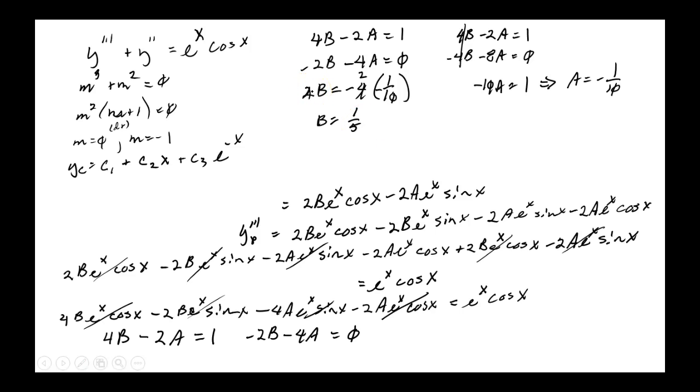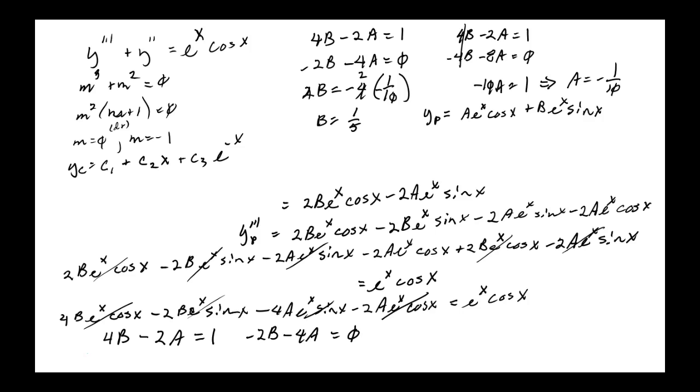Okay. Now, oh my word, I did erase too much. My y particular is equal to, catch me if I'm right on this, I think it was a e to the x cosine x plus b e to the x sine x.